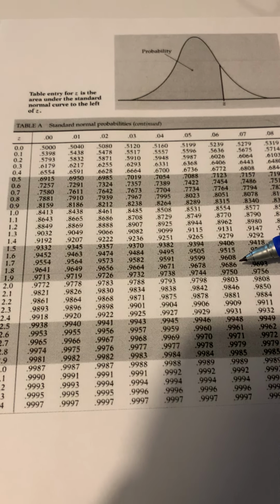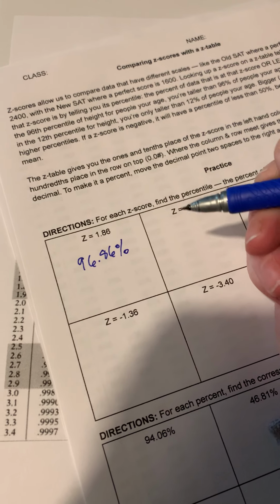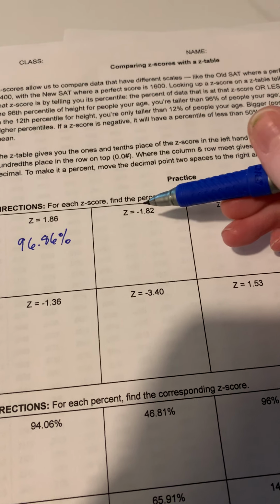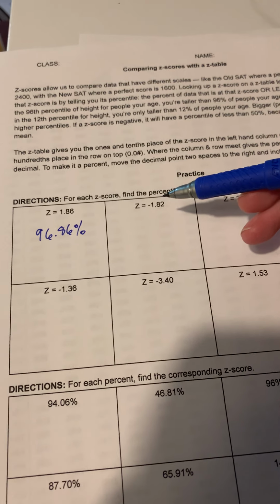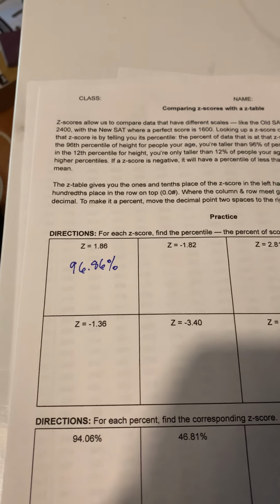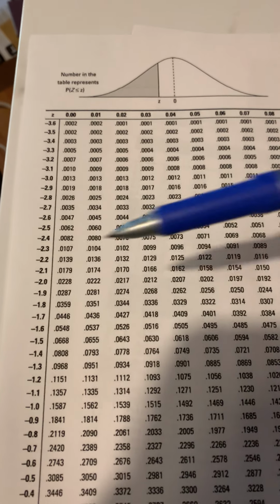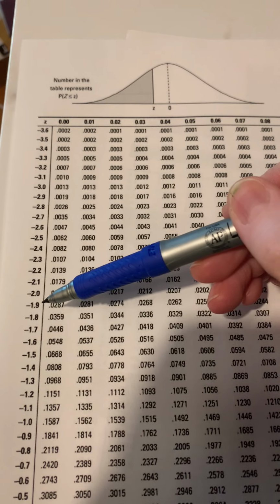So right here, 96.86%. So all I did, and I'm going to do it again, is I take the first two numbers and I find them on the left-hand side. So I'm looking for negative 1.82. That means I need to use this one. Here's my negative 1.8.